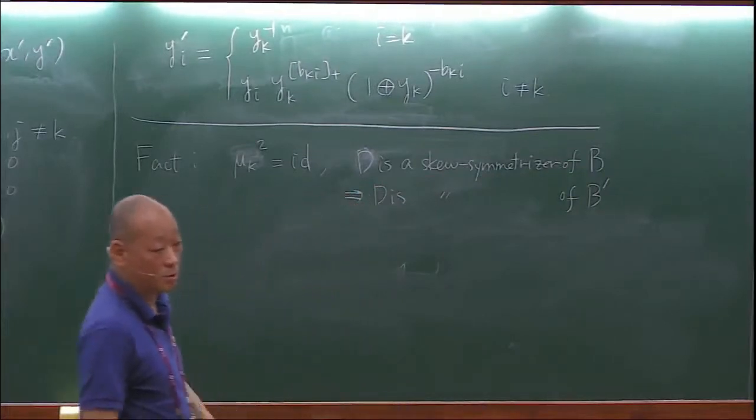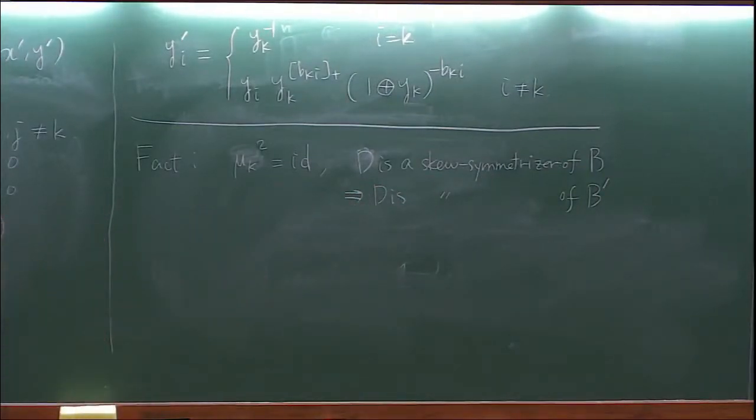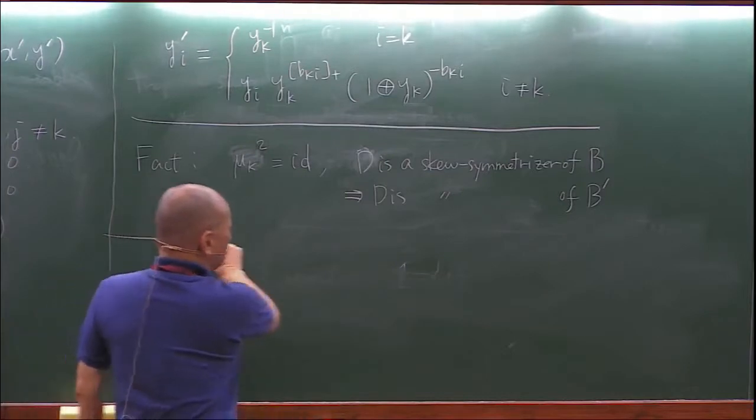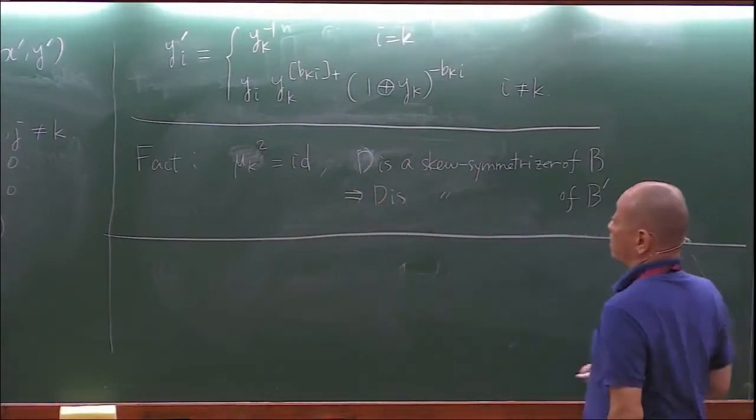It's very convenient. They share the common skew-symmetrizer. And I also mentioned that these are algebraically independent variables in our whole ambient field. So this is certainly a seed. So it defines a new seed.